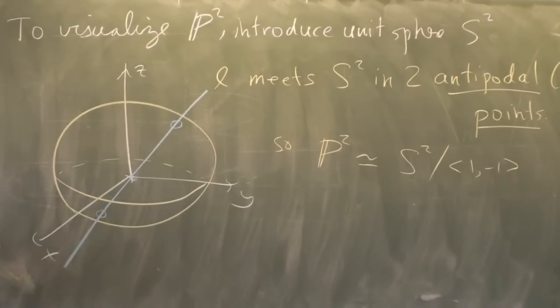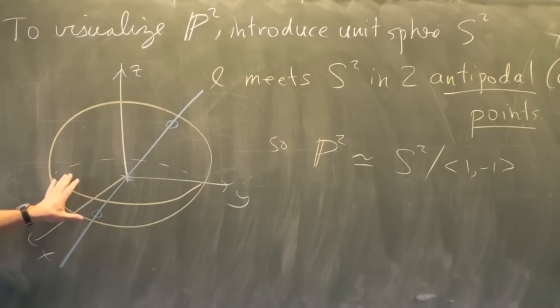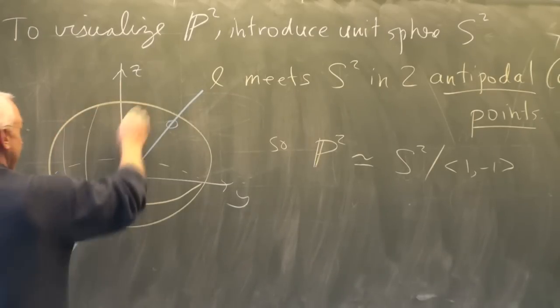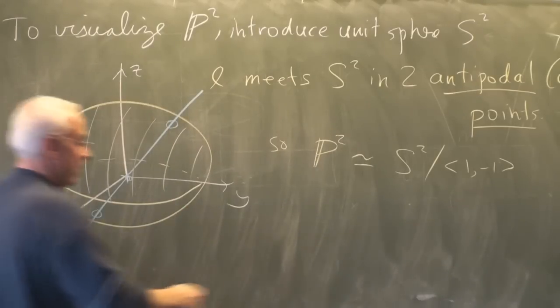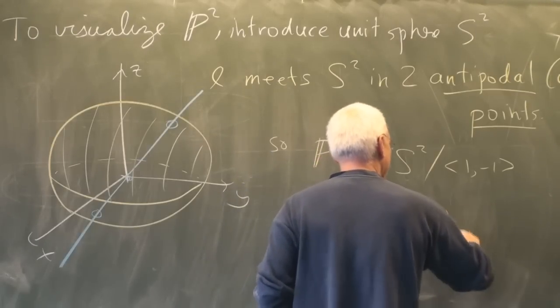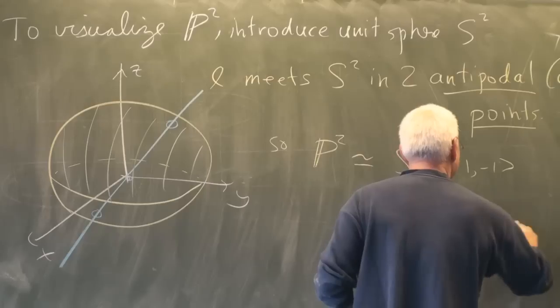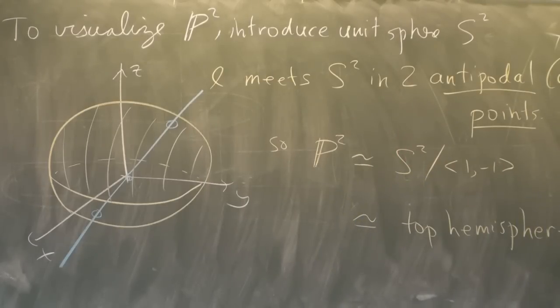Now, if we're identifying those, then it's a little bit simpler. We could say, why don't we just restrict ourselves to the northern hemisphere, the top of the sphere. Then we can say that this is the same as the top hemisphere. Let's draw that again.